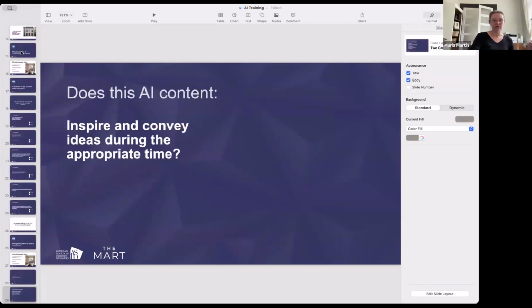It would be when you're wanting to inspire and convey ideas during the correct time, and it's usually during concept and ideation. You can use a lot of these AI tools, but once it gets to construction and build and all those finalizations, step away.